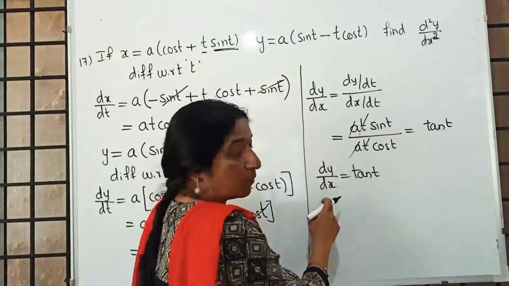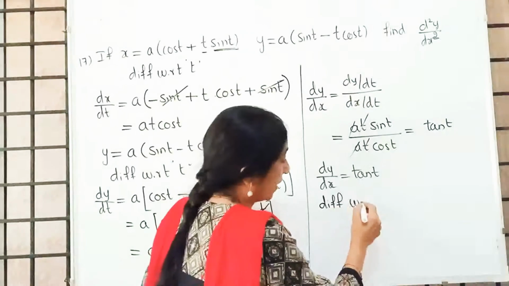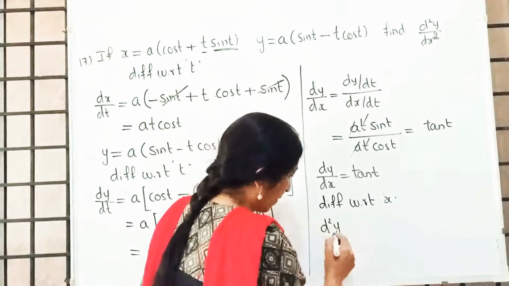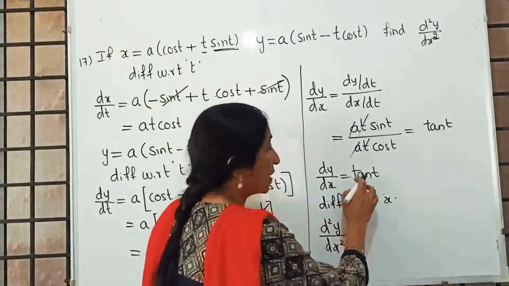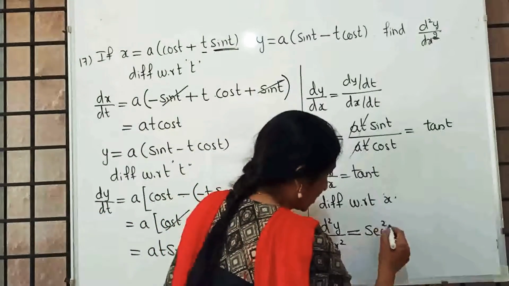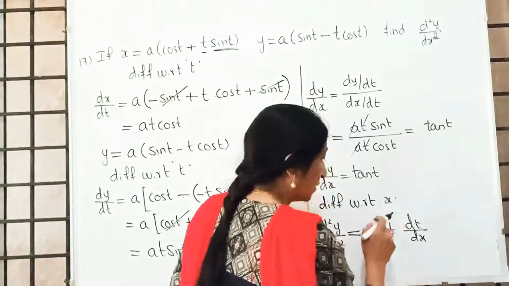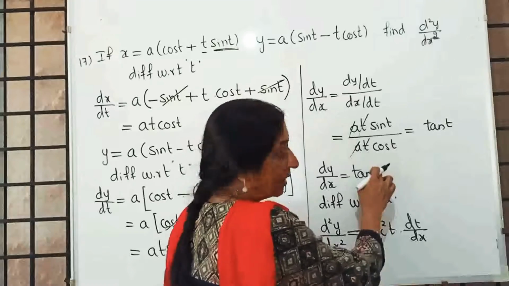d²y upon dx² means we have to differentiate with respect to x. Left side will be d²y upon dx² is equal to, what is the differentiation of tan t? Secant square t into dt upon dx, because we are differentiating with respect to x but it is a t other than x.